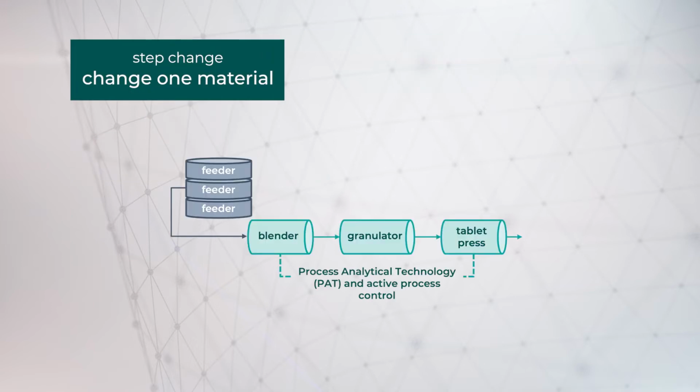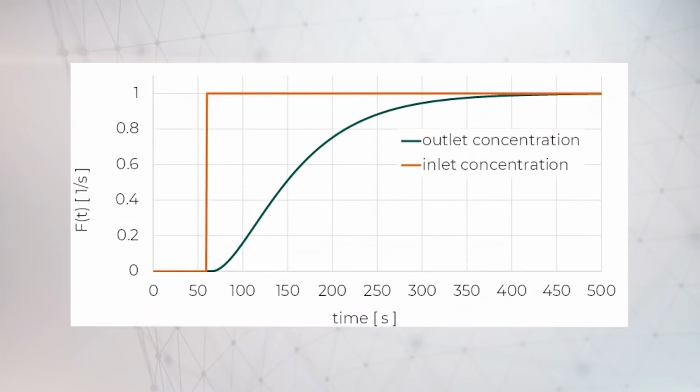Practically, it looks like this. You could have, for example, 3 feeders in your production line. All of them are filled with different substances from your formulation. When you conduct a step experiment, you would switch one material from one feeder with a tracer substance. The inlet concentration of the tracer should look like this.